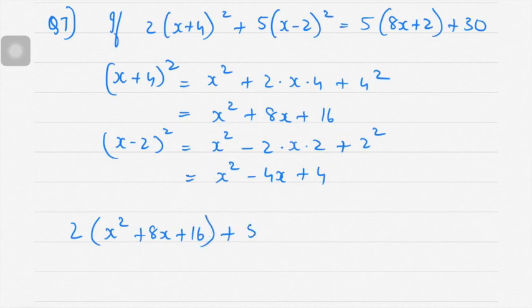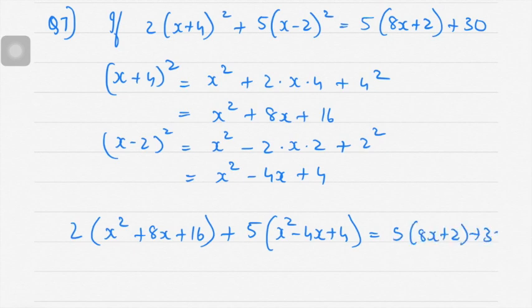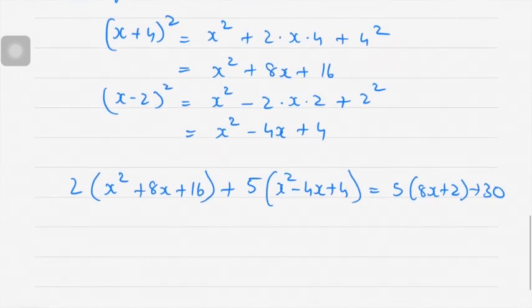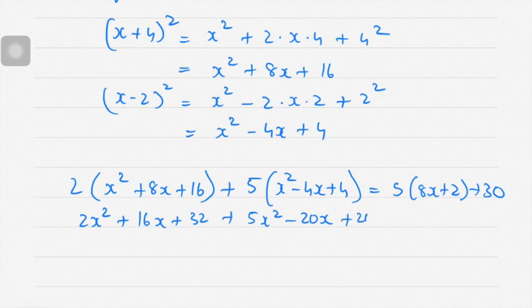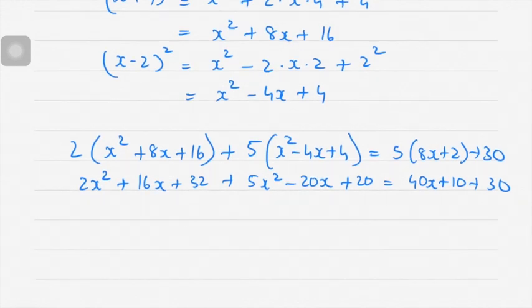So 2 into (x square plus 8x plus 16) plus 5 into (x square minus 4x plus 4) is equal to 5 into (8x plus 2) plus 30. Now I'll open all the brackets. Okay, so 2x square plus 16x plus 32 plus 5x square minus 20x plus 20 is equal to 5 into 8 is 40x plus 10 plus 30.